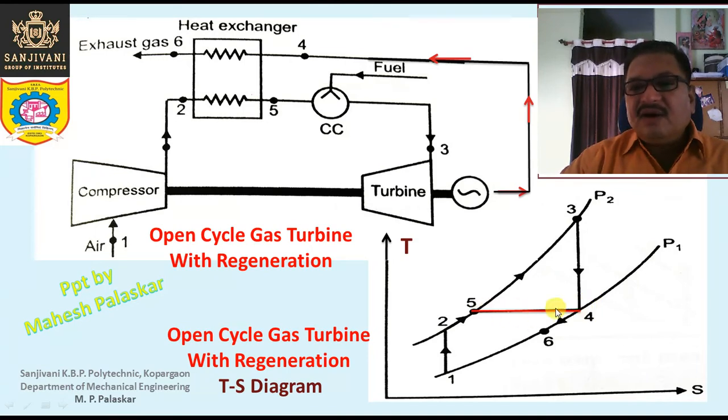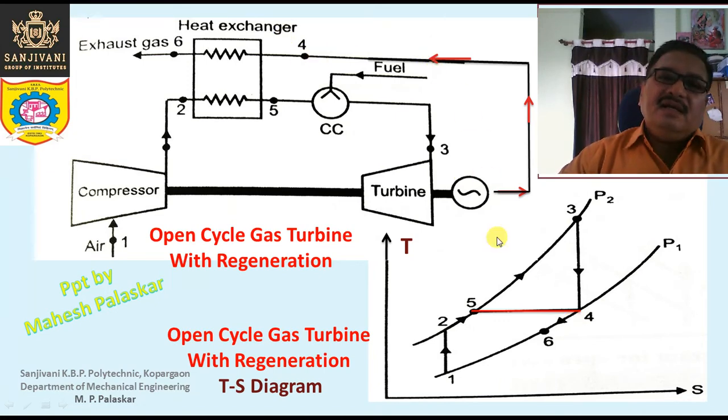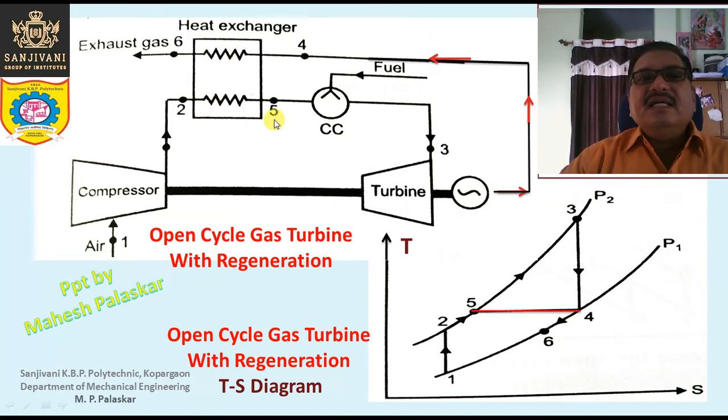Now this horizontal line indicates that the temperature at point 5 and temperature at point 4 is almost the same. Theoretically, at least theoretically, it is the same. Practically, of course, there will be some difference, because the temperature of the exhaust gases which leave the turbine cannot be exactly equal to the temperature of the air which leaves the heat exchanger, right?